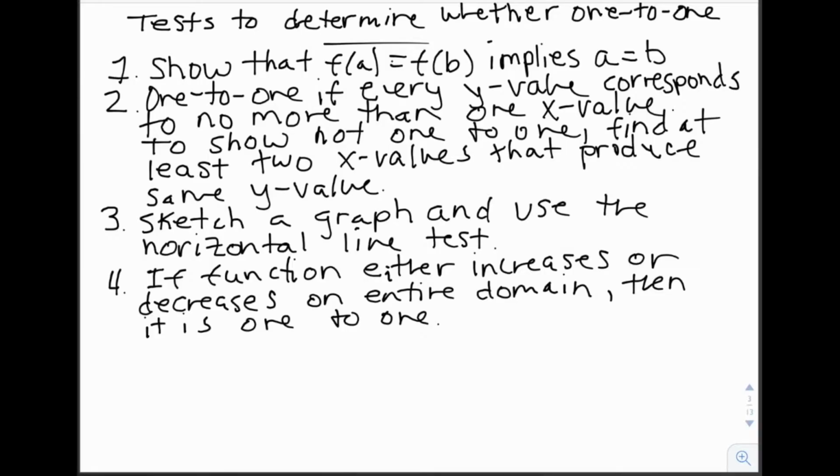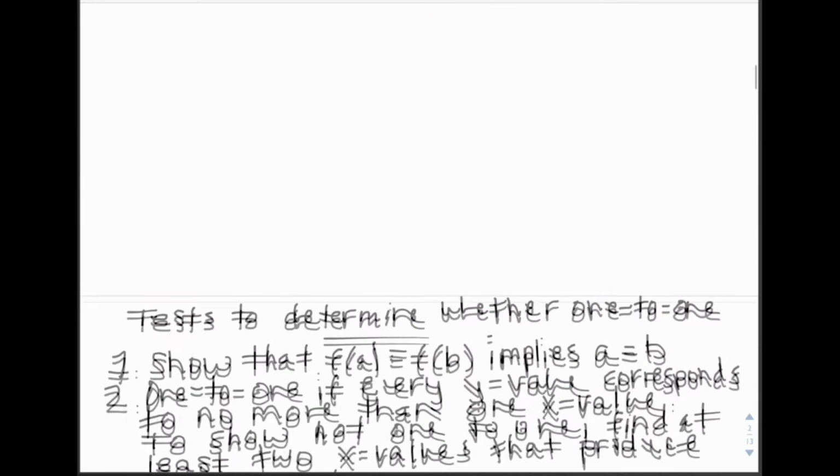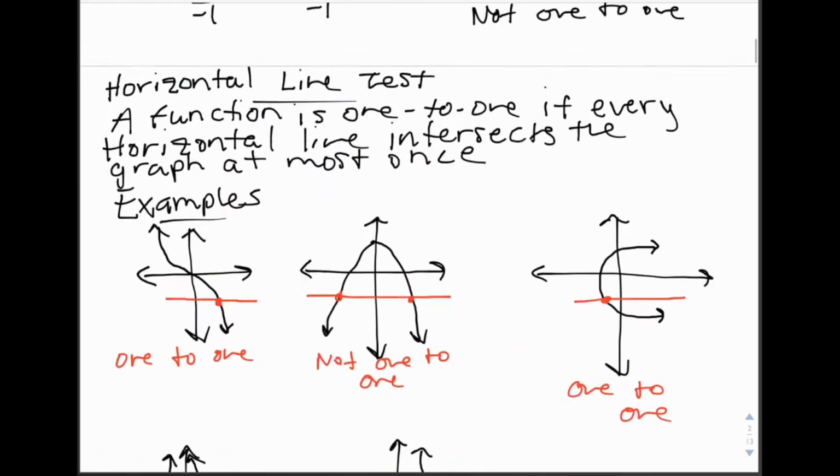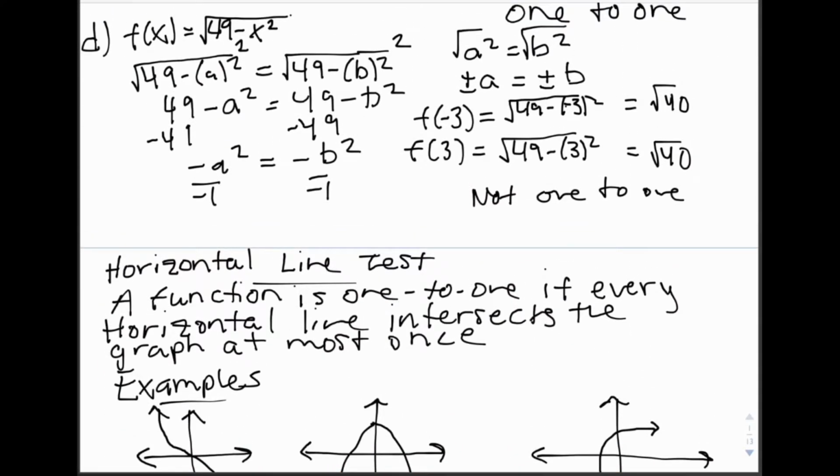To show that it is not one-to-one, find at least 2 values that produce the same y value. So an example of number 2 was this example right here of d, where we picked that value of -3 and +3, and notice how they produce the same values. So that's another way you could show that it is not one-to-one.